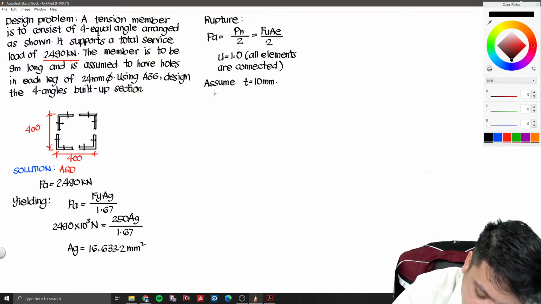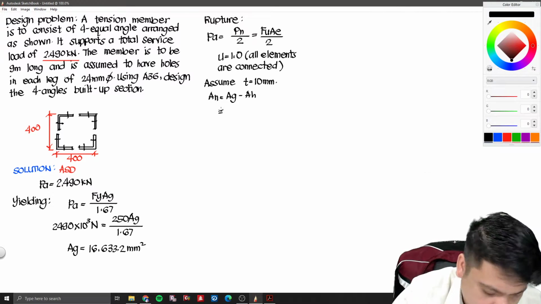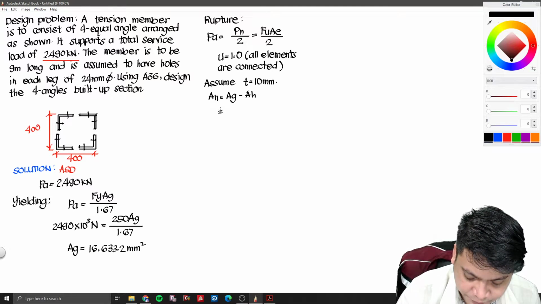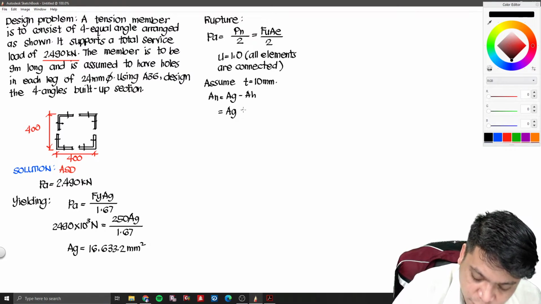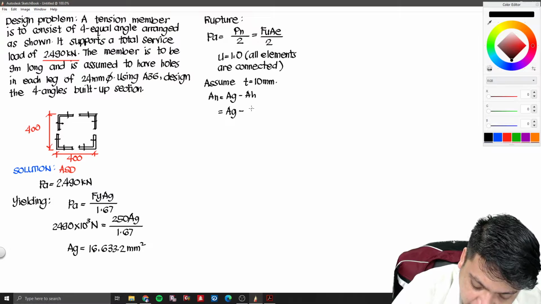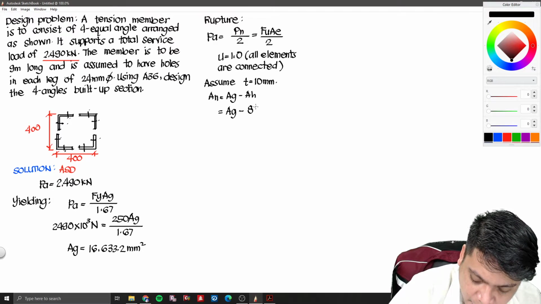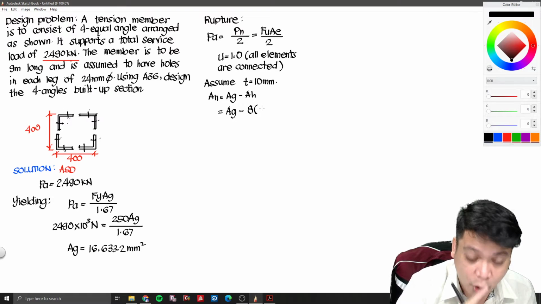So, I will now have the net area is equals to A gross minus area ng hole. Okay? So, yung gross area ko, I will have it unknown. Okay? So, you will be having here minus the area, 8 bolts, 1, 2, 3, 4, 5, 6, 7, 8. Okay? And then multiplied by the diameter of the hole.